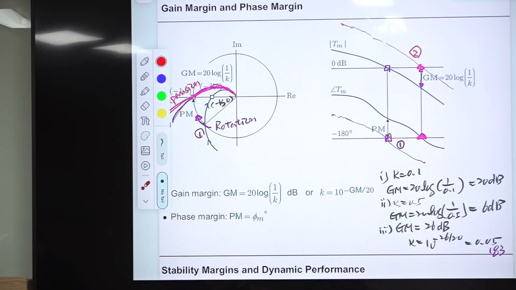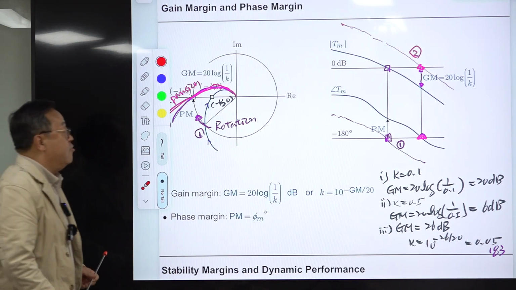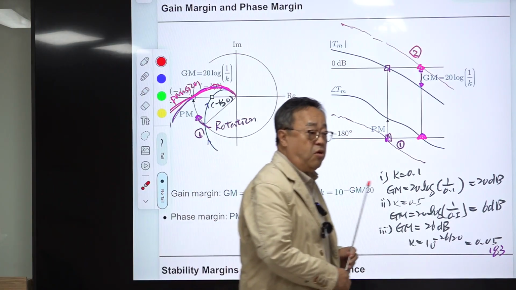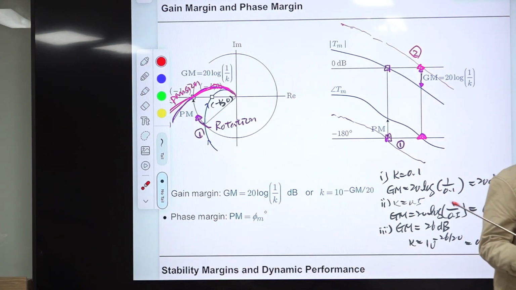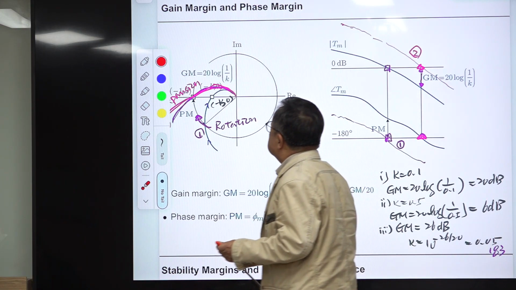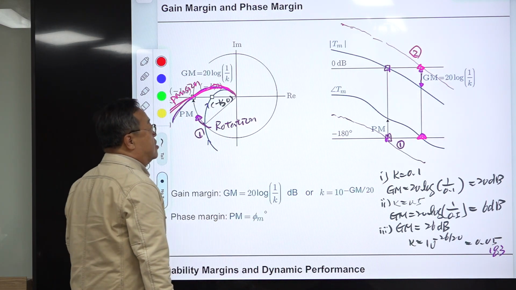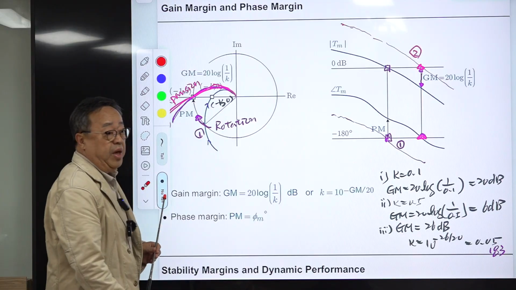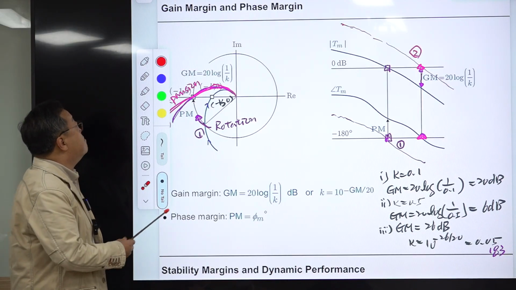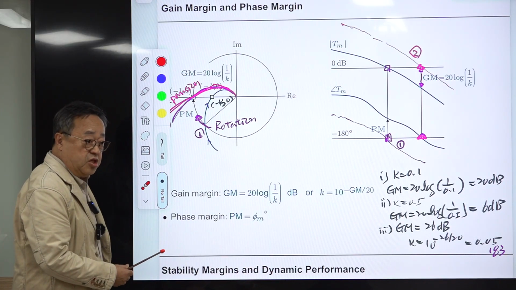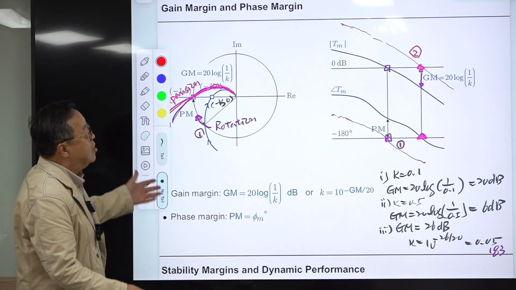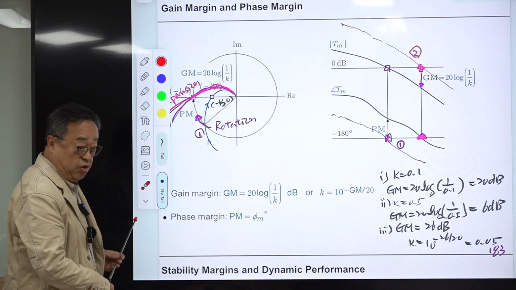Okay. Let me start the second part of this lecture with this slide. This slide shows the phase margin and gain margin altogether. In the past, we discussed gain margin and the phase margin individually, but here we are considering the two margins together.